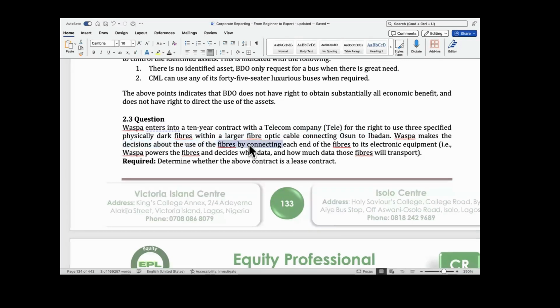So that is a lease. When you are the one directing the use and you are the only one using the assets, that goes to show that you are the only one obtaining substantially all the economic benefits. And of course, you must also be the one making decision about the use of the assets, which WASPA is doing right there. So there is a lease here.